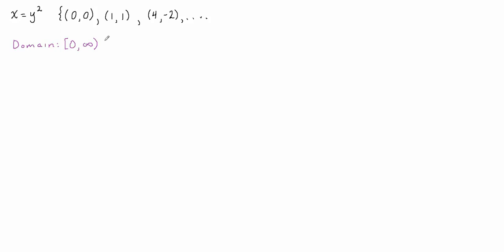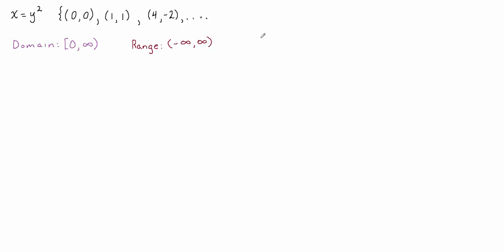So x cannot be negative. So the domain, all the possible x's that could be a solution to this equation, is the numbers that are not negative. However, you can square any number. So the range turns out to be all real numbers, or the interval from -infinity to infinity.